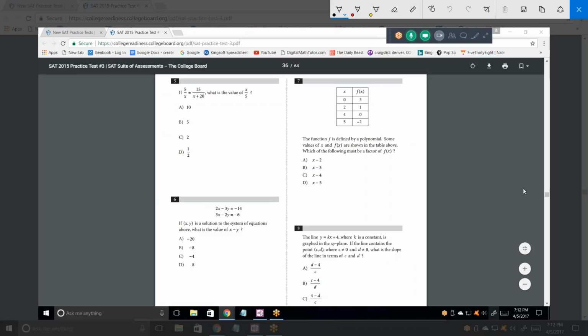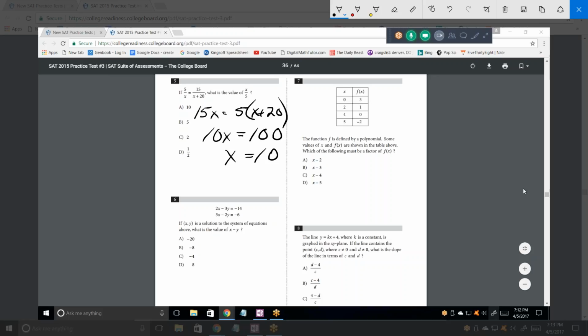So if we cross multiply, we get 15x equals 5 times x plus 20. Okay, yeah. Now, if we combine, we get 10x equals 100. Oh, okay. So x equals 10. 10 divided by 5 is 2.